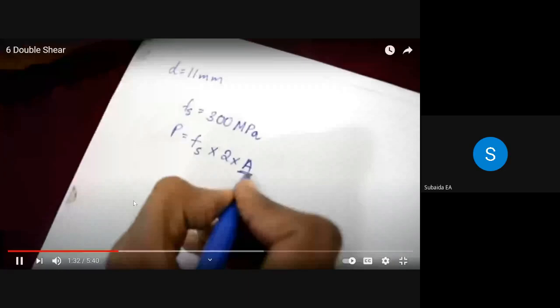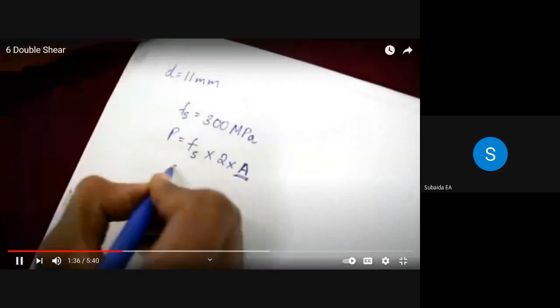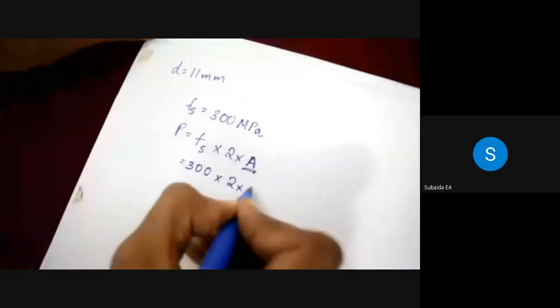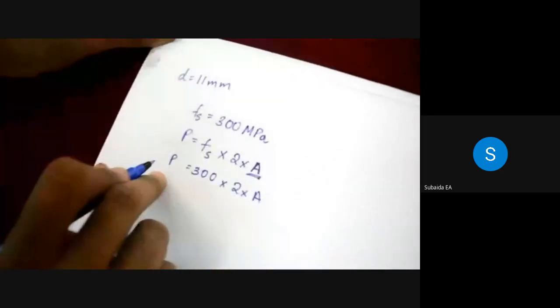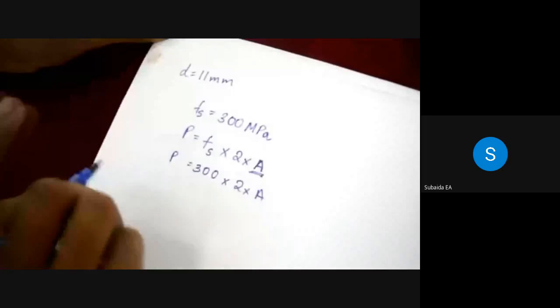So let's assume our area to be A, and we have our Fs, which is the ultimate shear strength, as 300. Thus we compute the required load that is to be set in the universal testing machine.